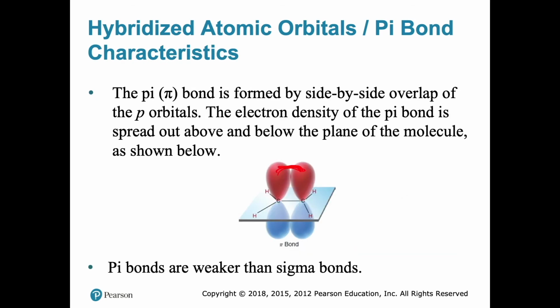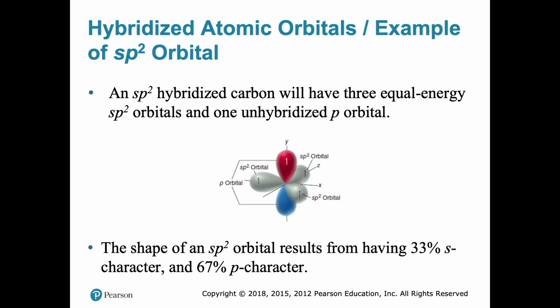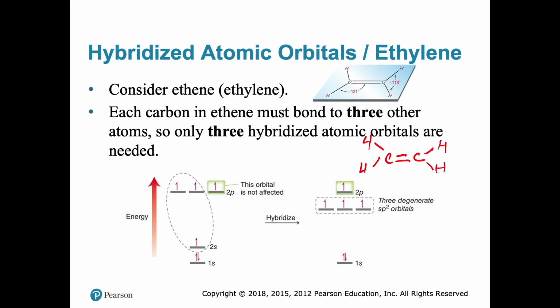So why did we have three? We have three here because there's an electron domain here, here, and then here. The triple bond is a single domain, right?